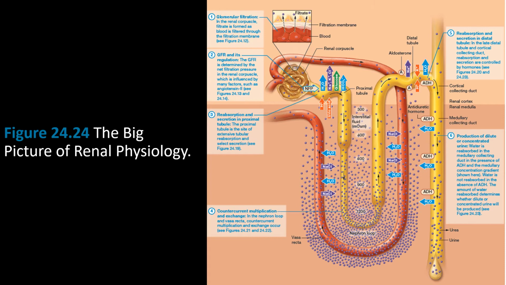Then you have reabsorption and secretion in the proximal tubule. Once you leave the proximal tubule, you have the countercurrent multiplication and exchange in the nephron loop. After that, you have reabsorption and secretion in the distal tubule. And finally, you have the production of either dilute or concentrated urine as regulated by the medullary collecting duct.